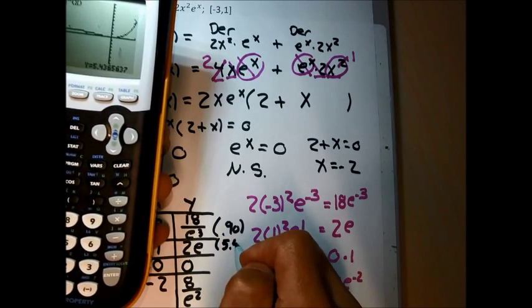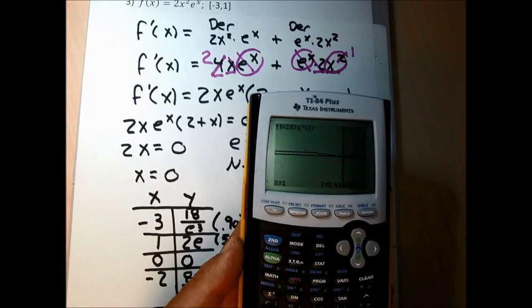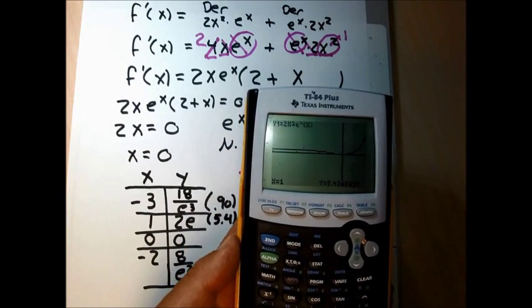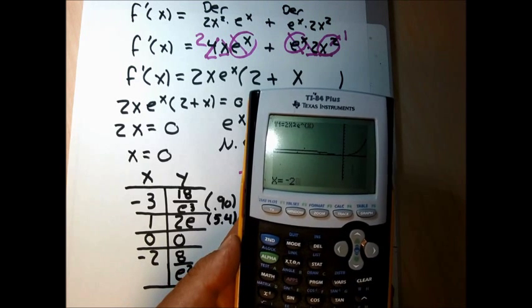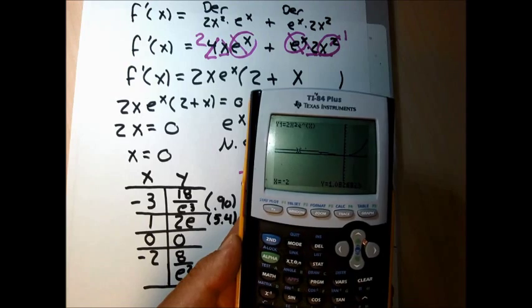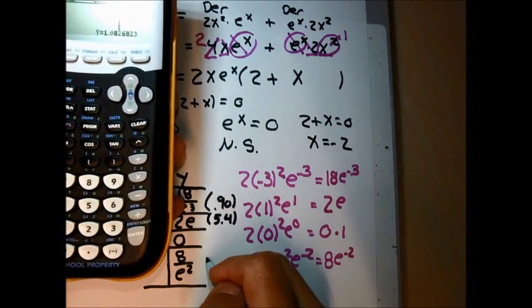5.4. It doesn't matter how I round these, as long as I can tell which y is the biggest and which y is the smallest. And then I get 1.08 for the negative 2.